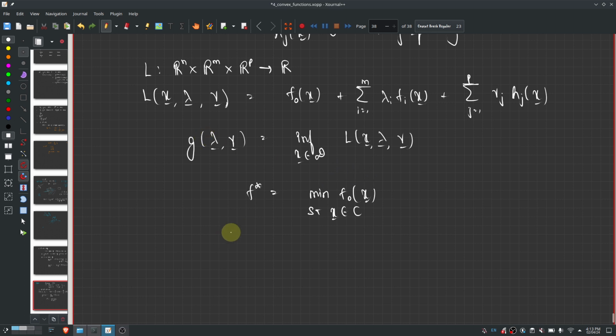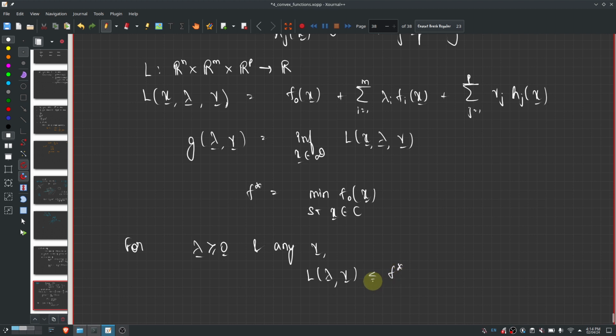But we saw that for lambda greater than or equal to 0, component-wise, and any vector nu, we have that g of lambda comma nu is always going to be less than or equal to f star.